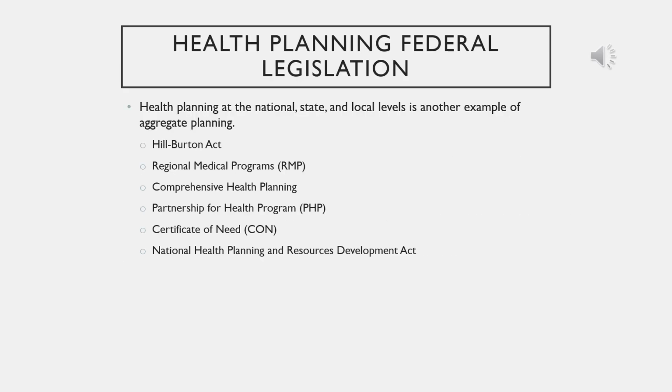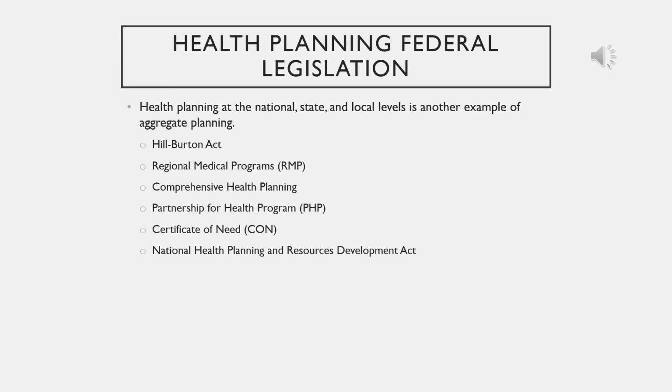There has been some legislation associated with health planning. So, for instance, the Hill-Burton Act. This addressed the need for better hospital access. This act provided federal aid to states and hospital facilities, where the state had to submit a plan documenting available resources and the needs assessment to qualify for hospital construction and modernization funds.